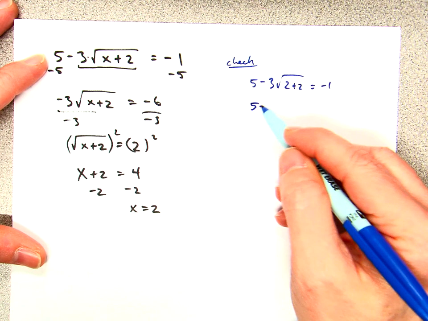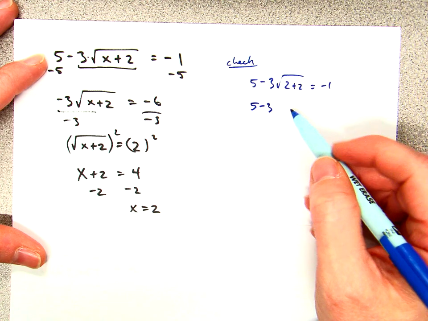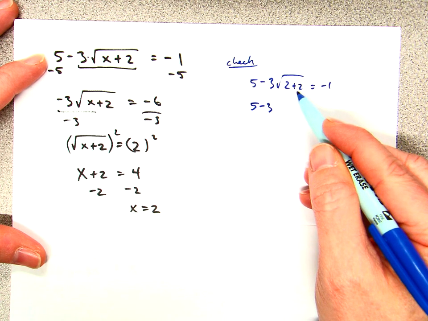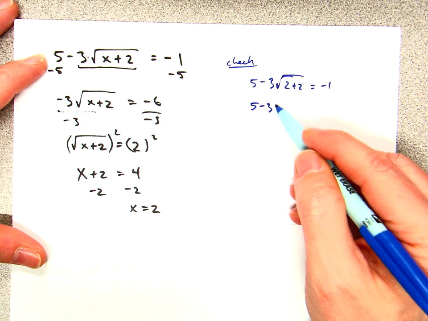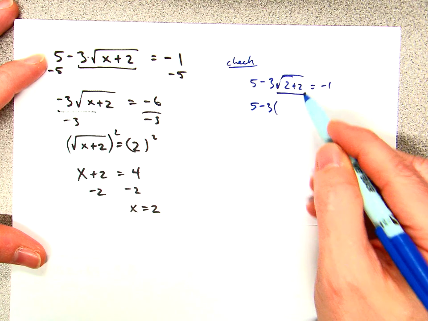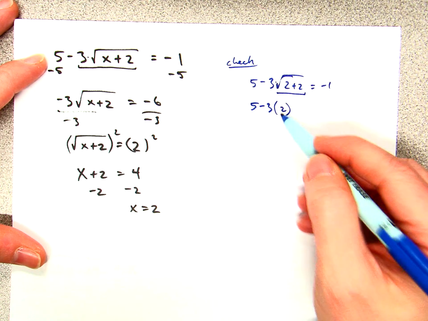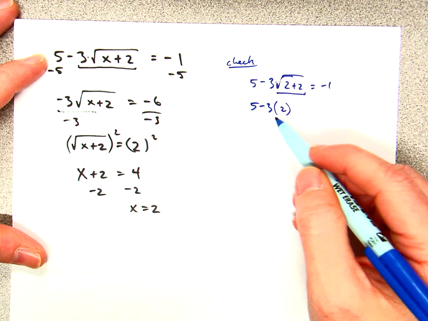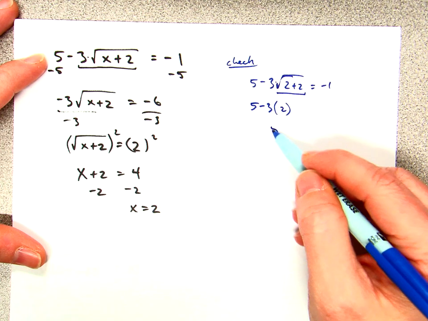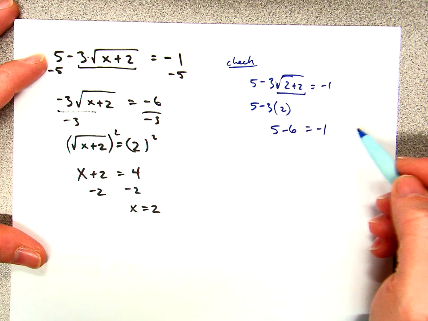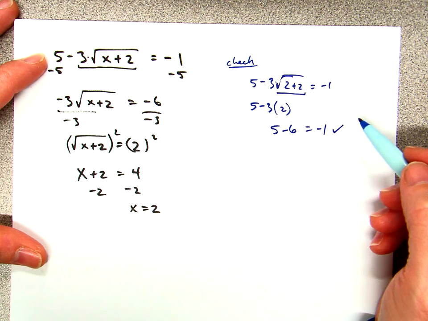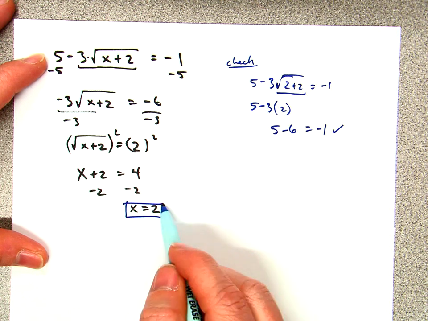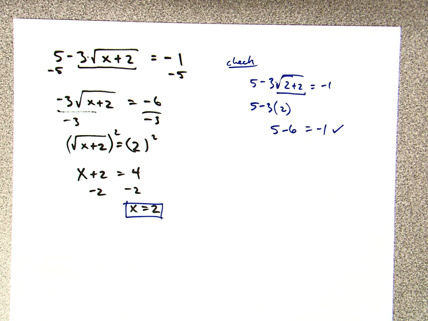So we got 5 minus 3, again doing order of operations. 2 plus 2 is 4, and the square root of 4 is 2. So all of this is 2, still times 3. So 3 times 2 is 6, so 5 minus 6 is negative 1. Yeah, that's true. So 2 is the real solution that works there.